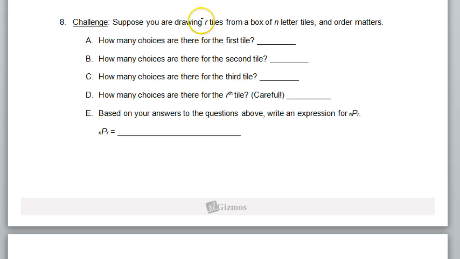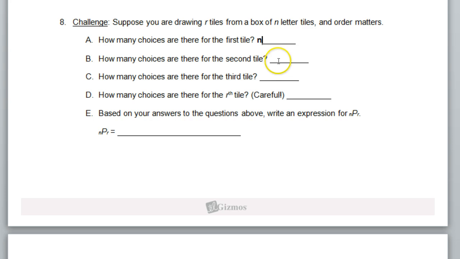So suppose we're drawing a certain number of tiles from a box with a certain number of letters, and the order matters. How many choices are there for the first tile? Well, we've noticed before that it's the same as the number of tiles in the box. So if we have n tiles in the box, our first draw is going to give us n choices.